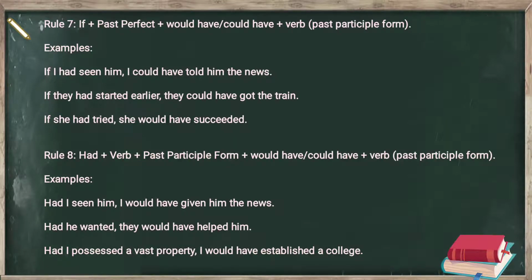So here you can see past perfect. The sentence will start with past perfect and then you have to use would have, could have. Then verb's past participle form.